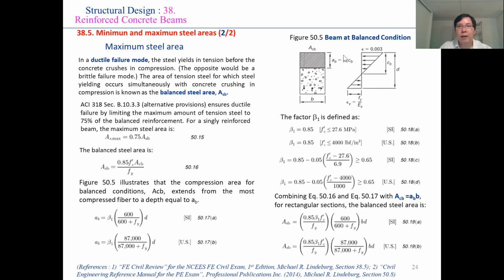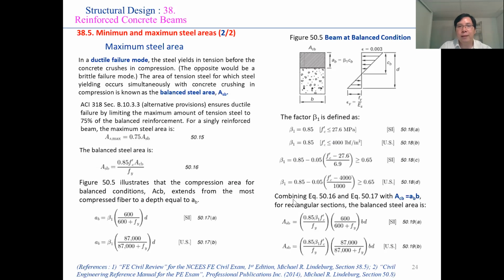And you know that a_b equals beta 1 times c_b, which is the compressive zone of the beam. And here are different values of beta 1 as a function of the strength of the concrete.